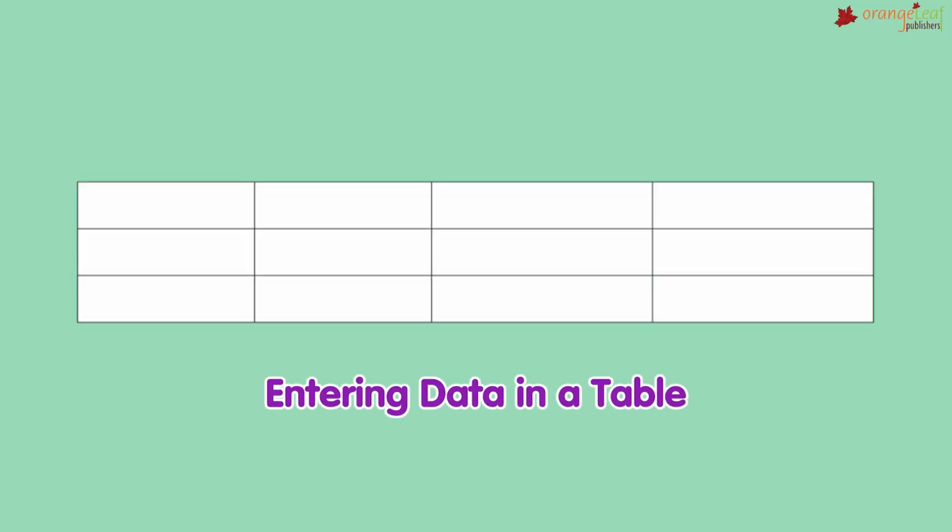Now to understand better, let's look at this example. Here we have taken 4 columns and 3 rows. In the first row, the first cell, we have entered Roll Number. Cell 2 is Name. Cell 3 is Father's Name. And in cell 4 we have typed Mother's Name.